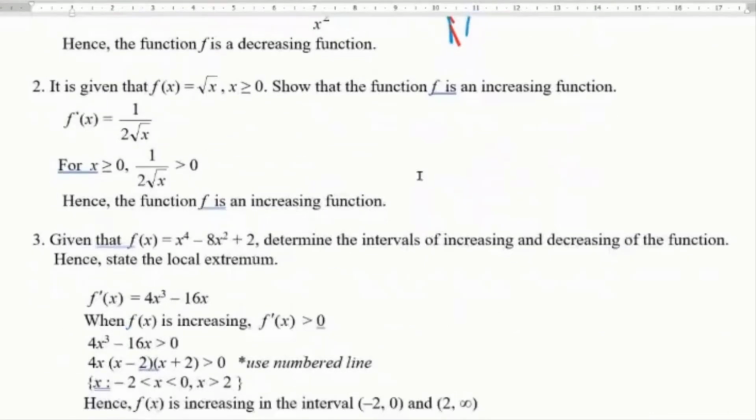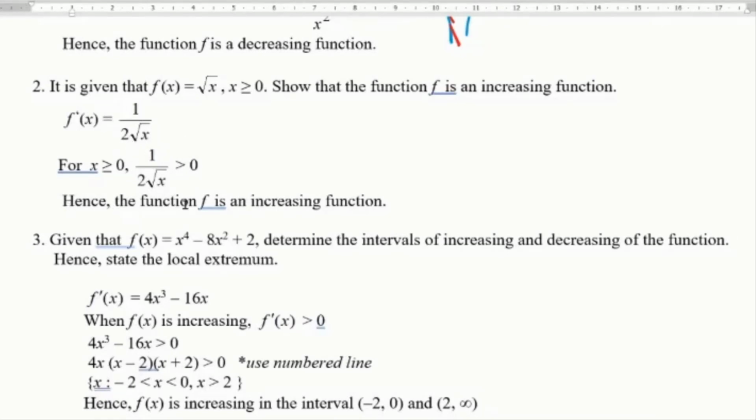Now number 2, this is a simple one. I just show you the concept. Then you're given this one, for x greater than 0. Show that this is increasing. So same thing, you differentiate, you get this one first. Then, since you are given x is greater than 0, because of the square root, for all x greater than 0, the whole derivative is greater than 0.